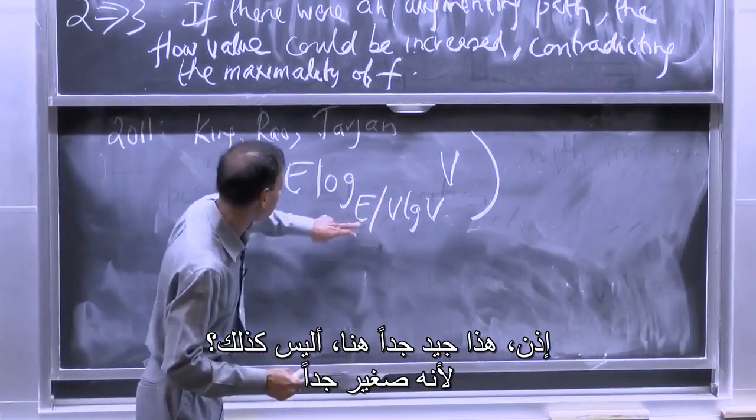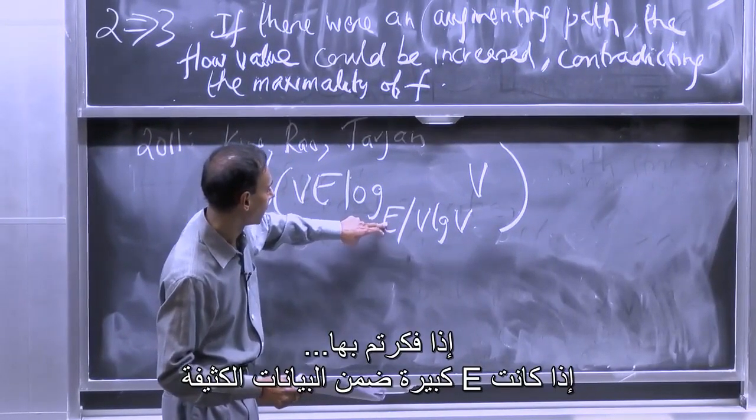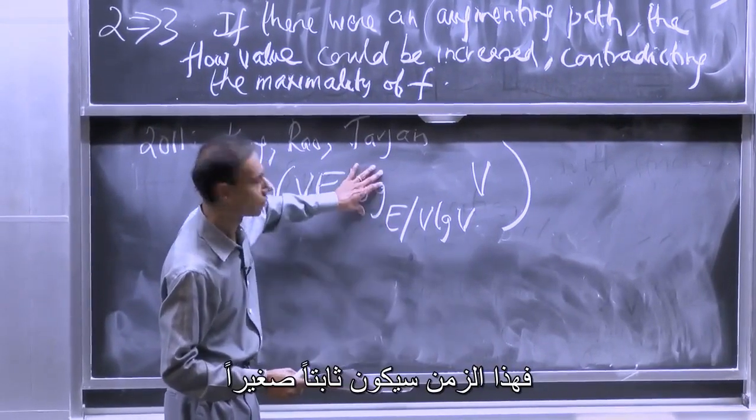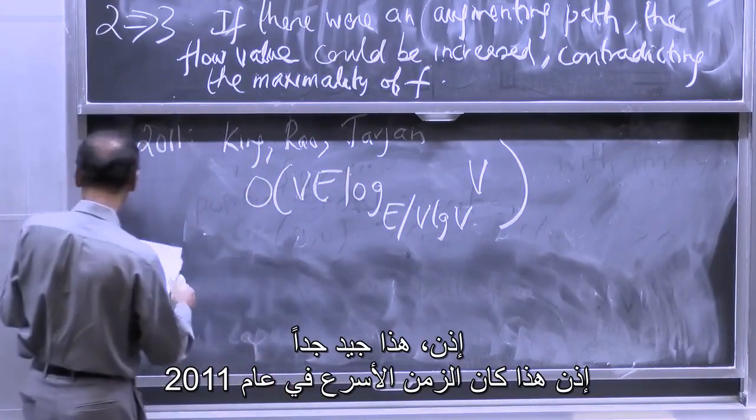So that's kind of pretty good here, right? Because this is pretty small. If you really think about it, if E is large for dense graphs, this is going to be a small constant. Okay, so that's pretty good. So that was the fastest till 2011.